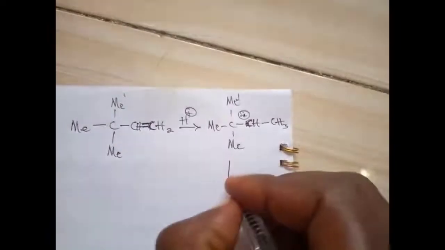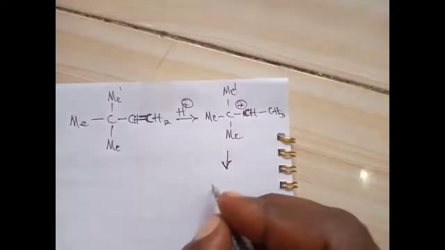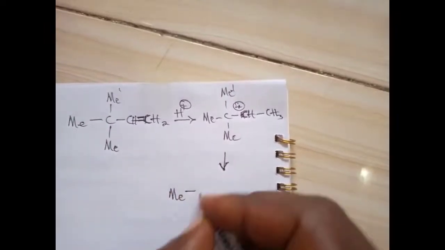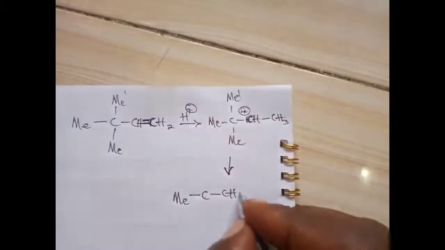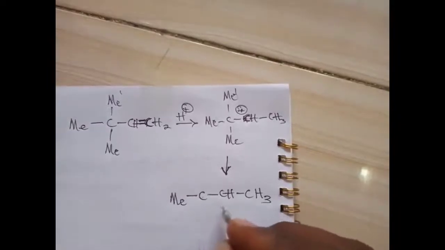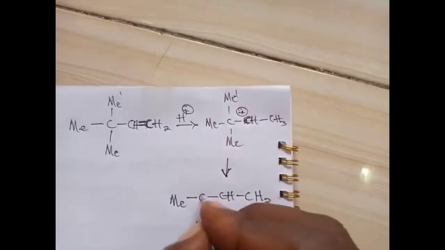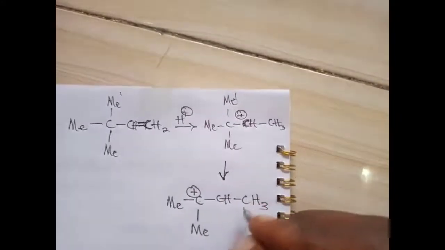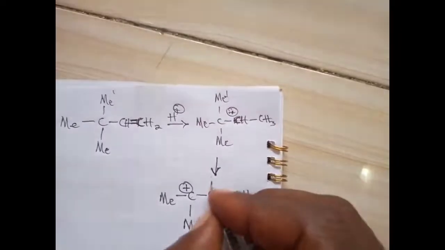It can also move further. This can be an intermediate. It can also move further and rearrange, and we'll have something like this. It will move. Here becomes positively charged, and the methyl group can rearrange and come here and stay.